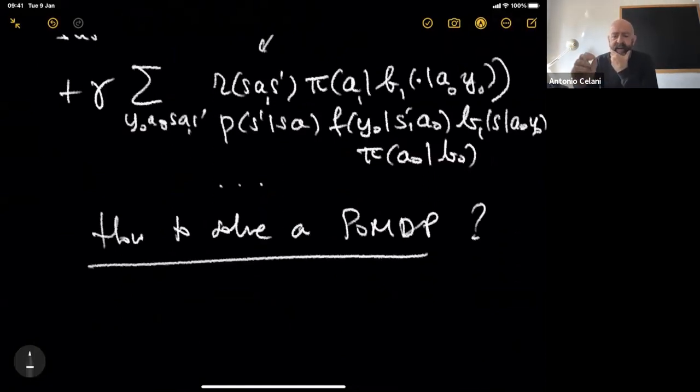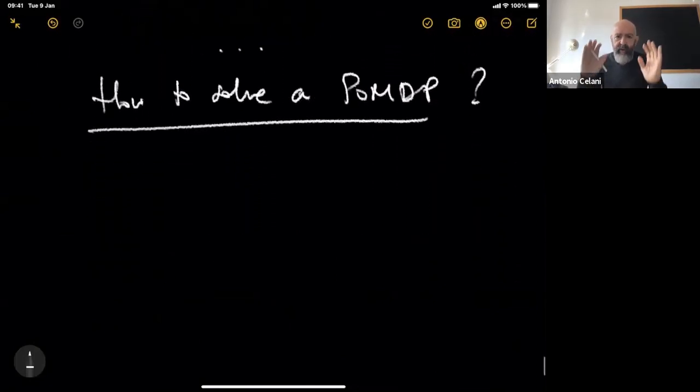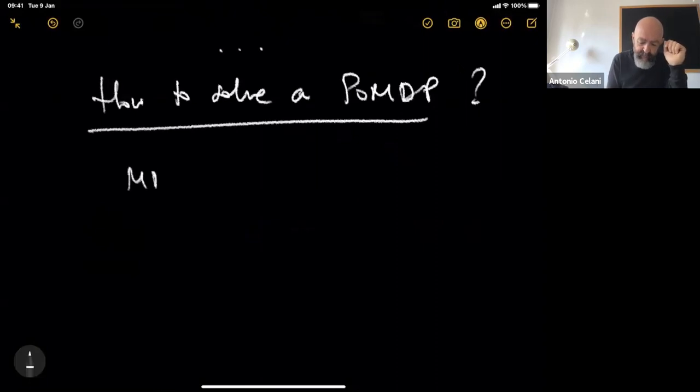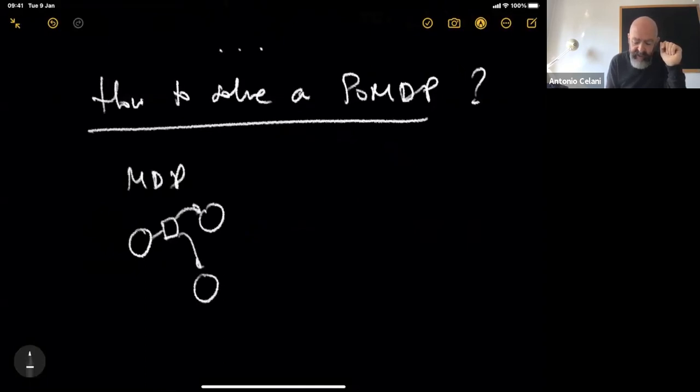Now, this is only highly conceptual, so just stay with me and don't think about formulas or anything. It's just the idea which is important. So an MDP, as you know, lives in a space of states and with actions that bring you from one state to another, etc. You've seen this already many times.